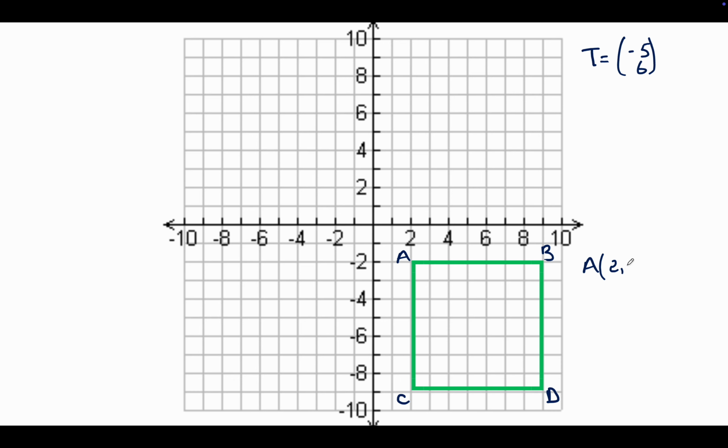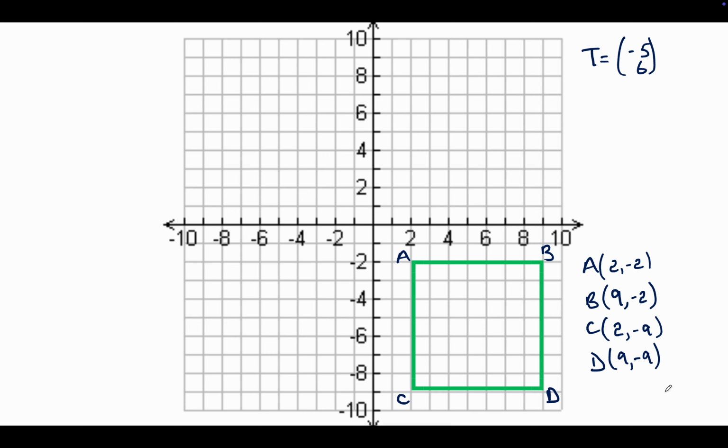So it would be 2, -2. B would be 9 and -2. C would be 2 and -9. And D would be 9 and also -9.